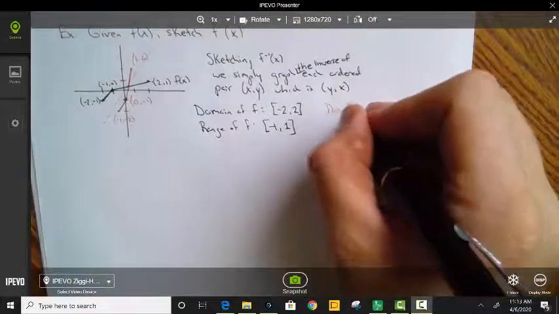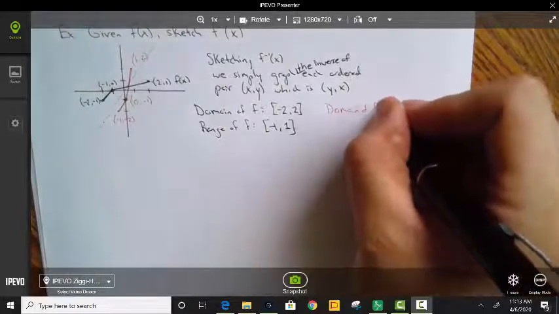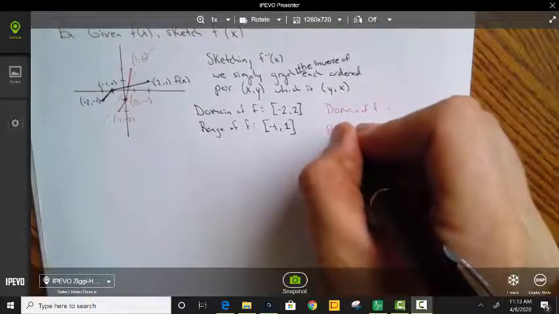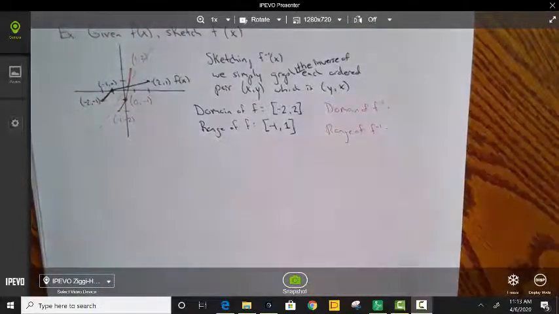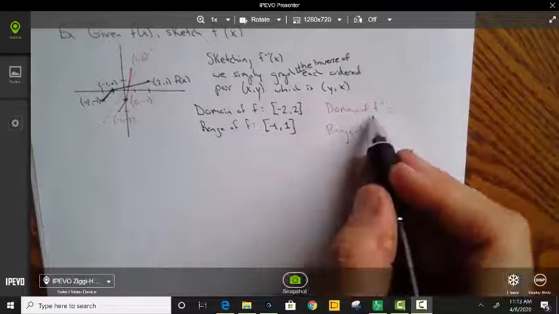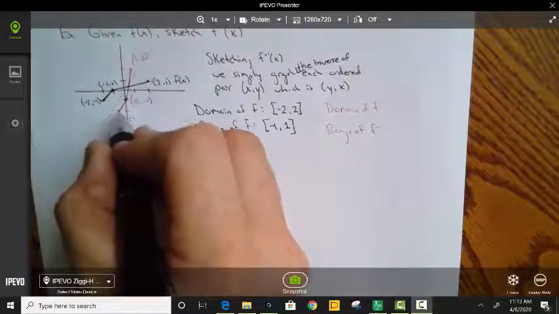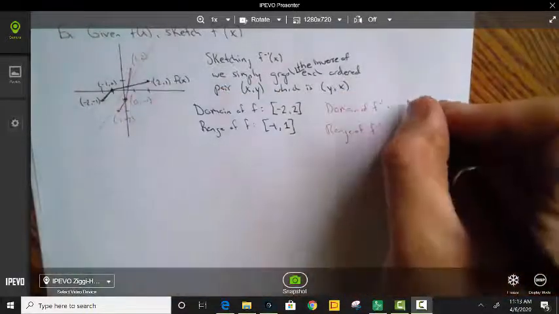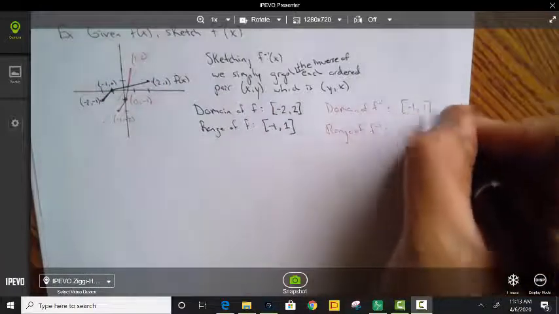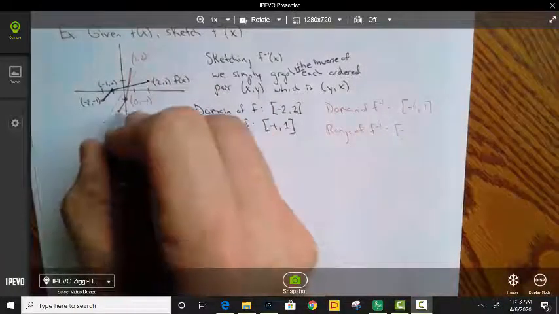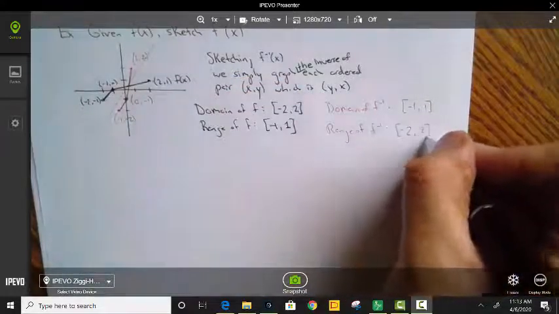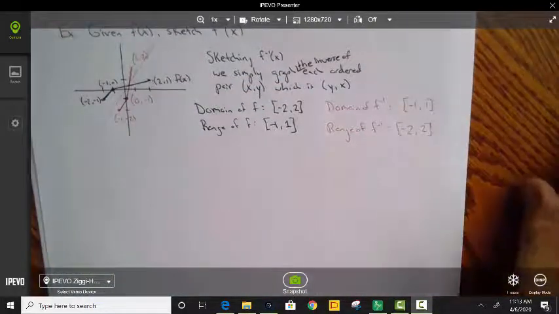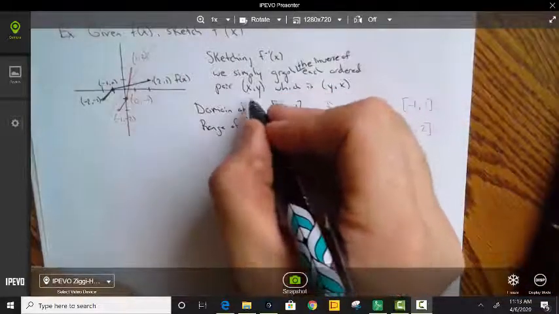Now let's take a look at the domain and range of the inverse function. The domain of the inverse function starts at negative 1 and goes to positive 1. And the range goes down to negative 2 and up to positive 2.